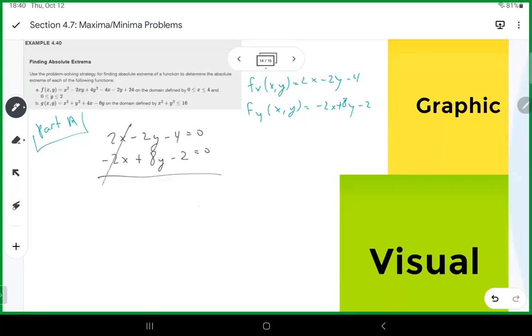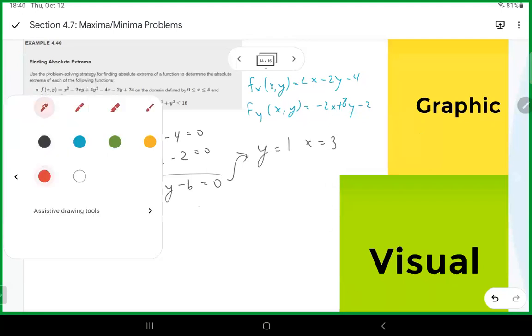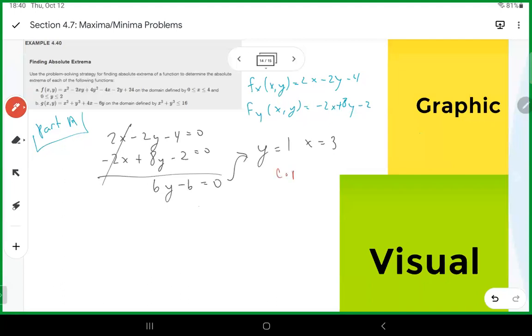Just going to go ahead and solve. So y is equal to 1, which will lead us to x equal to 3. So then that means that our critical point is (3, 1). Calculating f of (3, 1) will give you 17.